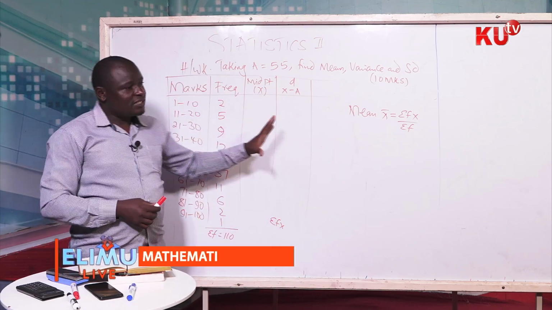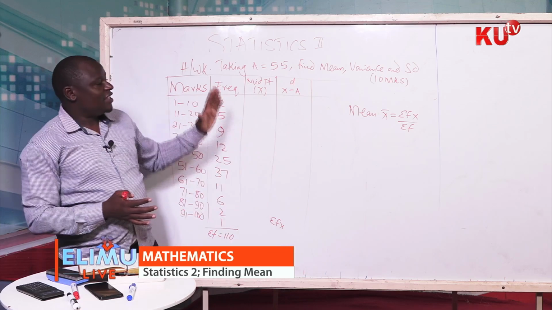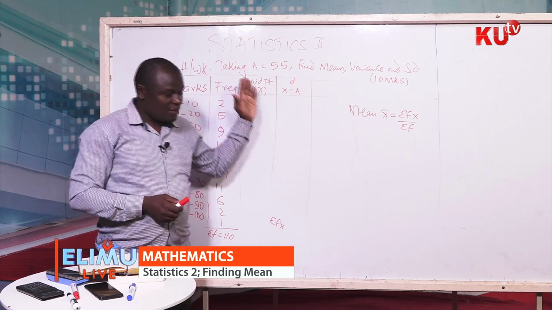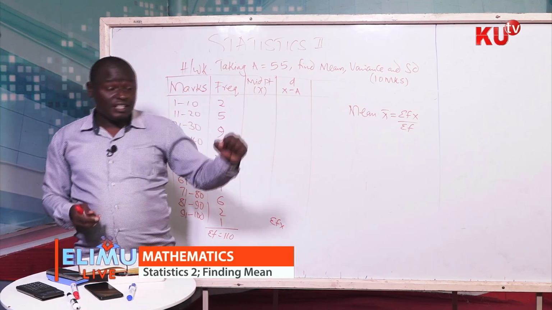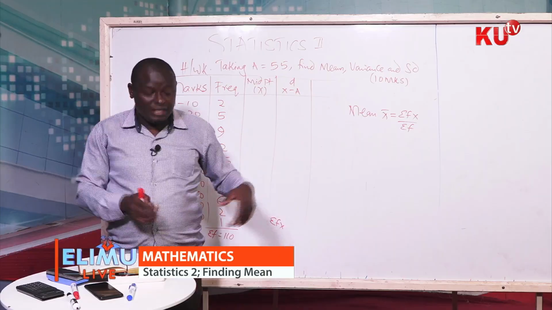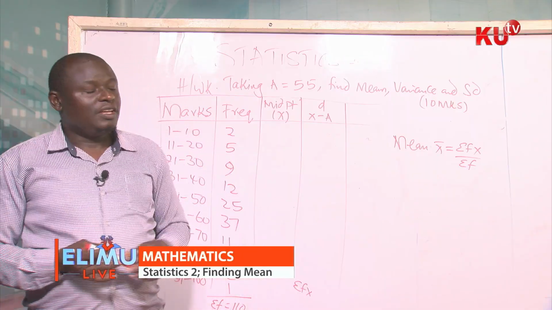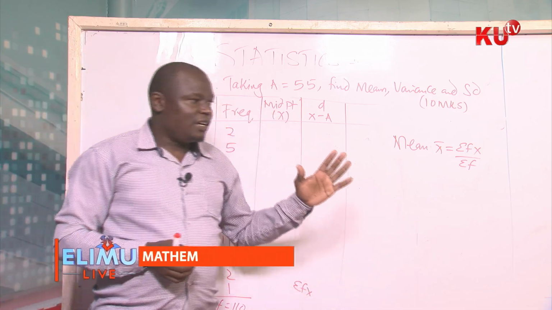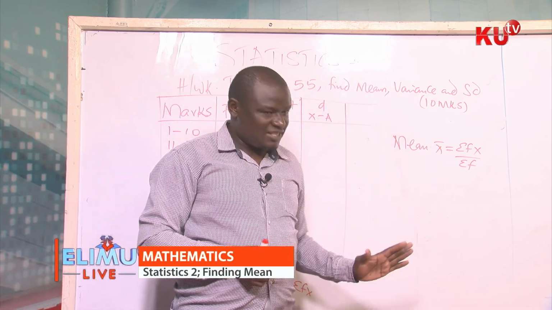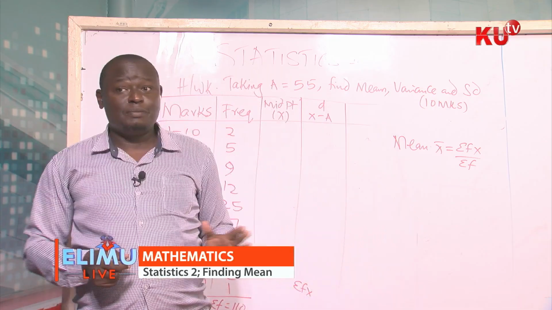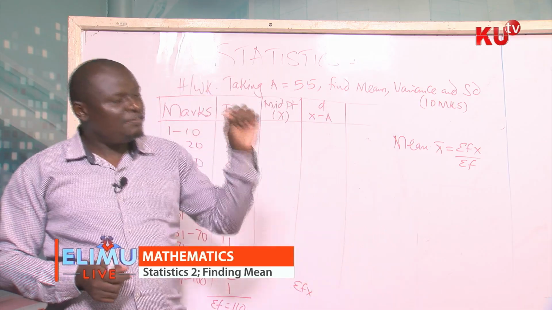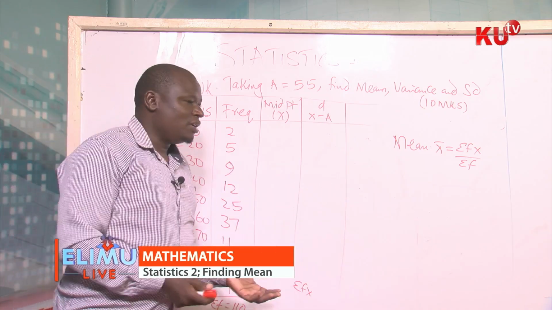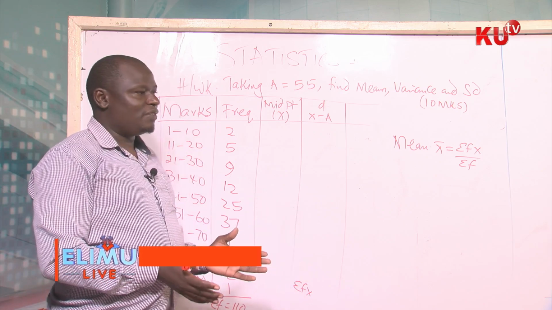So those statistics are very important, and they are this simple. You need to get the average, that is what we are calling the mean. You need to get the variance, how far are we going away from this mean, and so forth. The performance of any company is measured by statistics. Performance of every individual is measured by statistics. They'll tell you, look, we gave you this capital at the beginning of business.